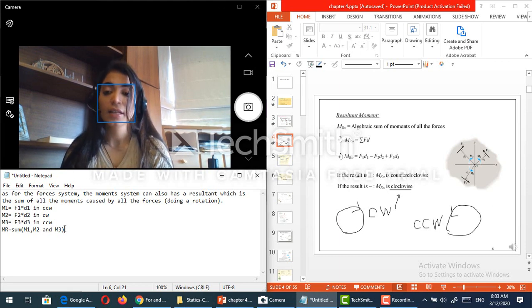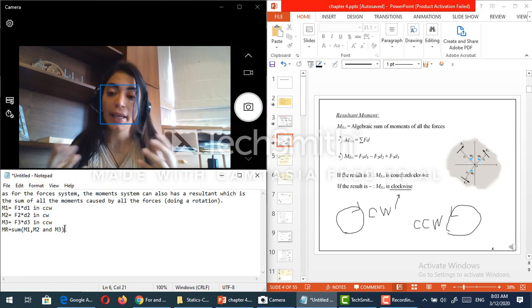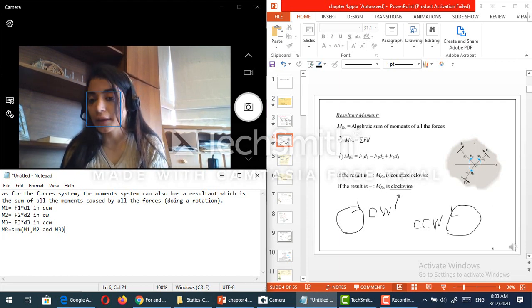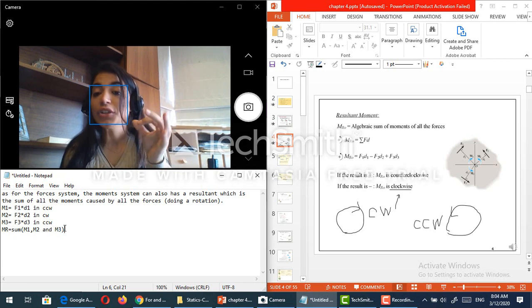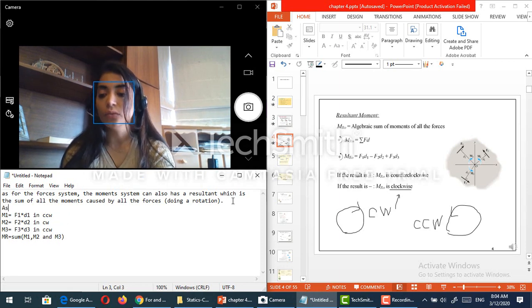So basically guys, I should assume a positive direction. I can assume that the counterclockwise is my positive direction. However, I should indicate this at the very beginning.